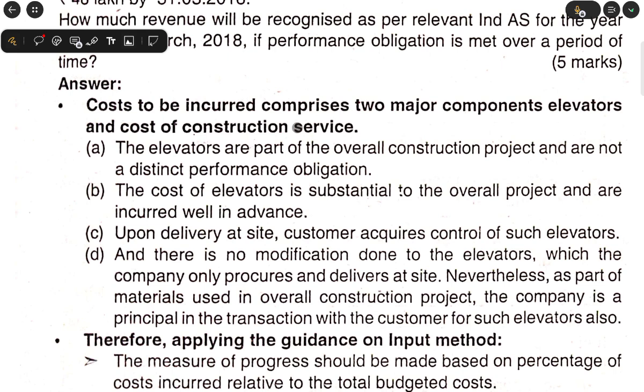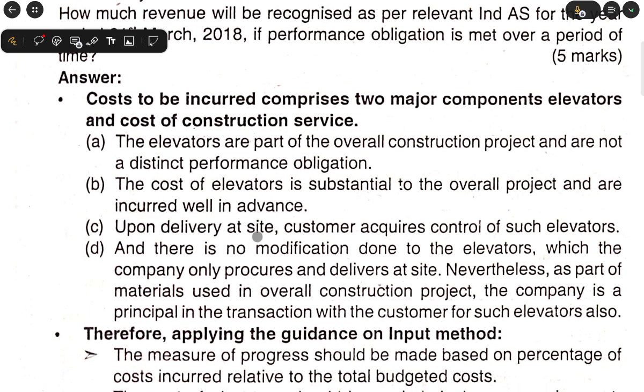The costs incurred comprise two major components: the elevator and the cost of construction services. The elevator is part of the overall construction project and is not a distinct performance obligation. The cost of the elevator is substantial to the overall project and was incurred well in advance.